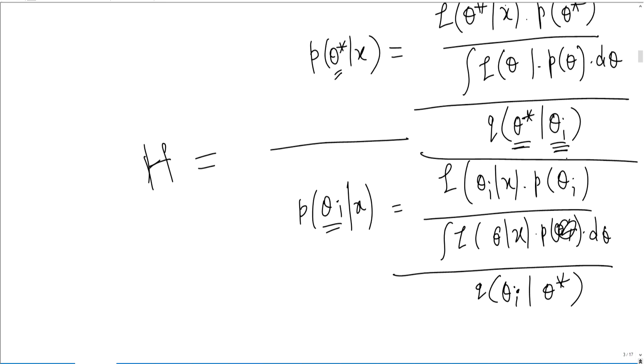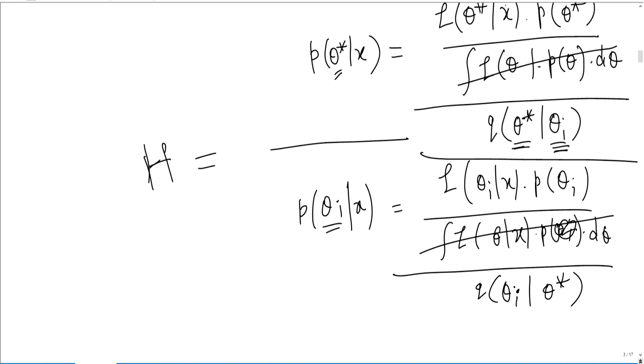So, what happens when I take this ratio? When I divide this, the marginal likelihood term will cancel out, because it will remain the same regardless of whether your parameter value is theta star or theta I. The marginal likelihood of this model would remain a constant.